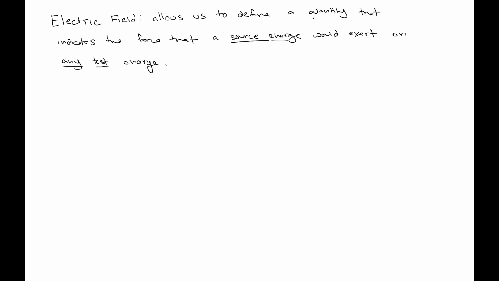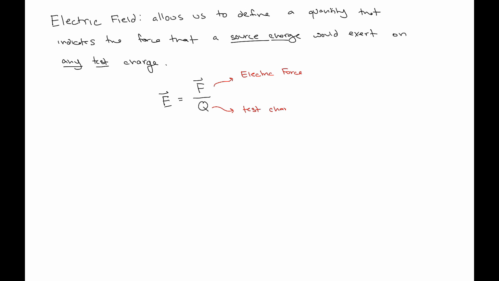Okay, and so if I want to calculate that, basically the electric field is defined as the electric force, which is given by Coulomb's law, divided by Q, which is the test charge, okay? So again, kind of a lame definition, I think, in physics, but this is the electric force. And this would be a test charge, okay?